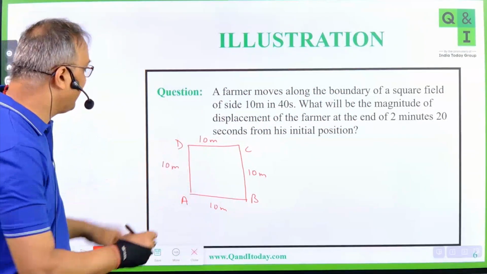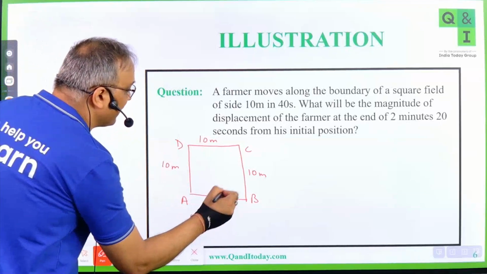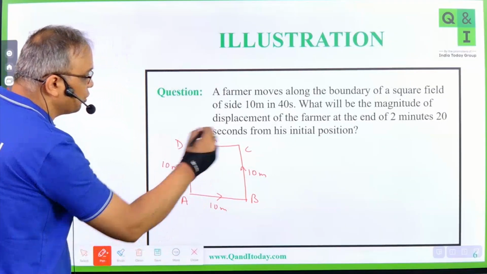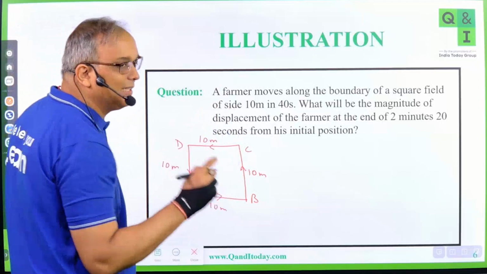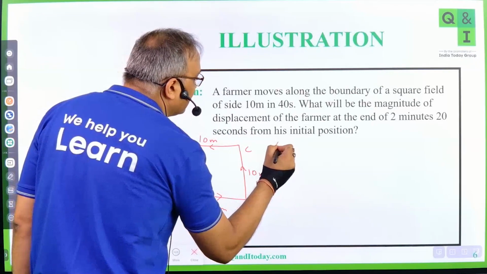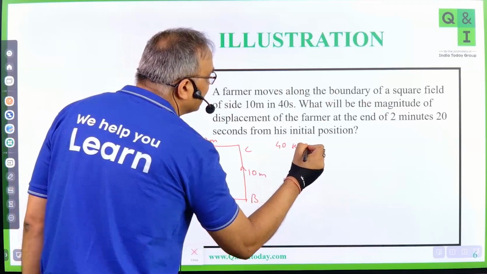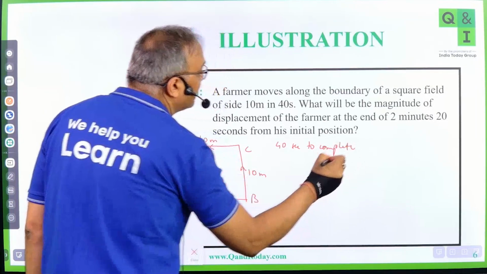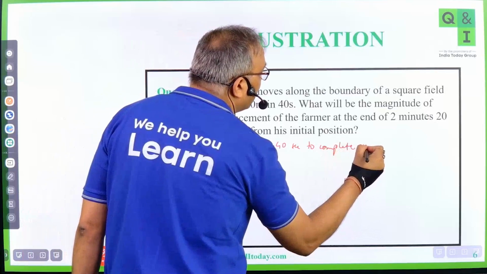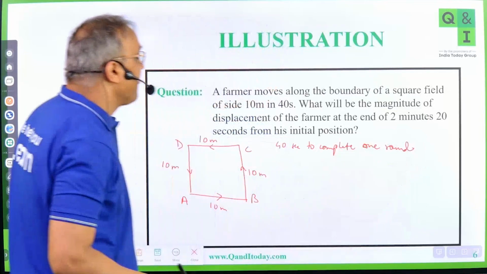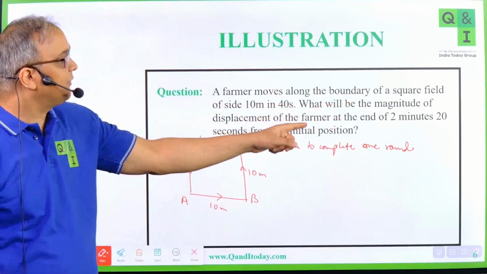So he starts from A, goes A to B, B to C, C to D, and D to A. During this one complete cycle, he takes 40 seconds to complete one round.